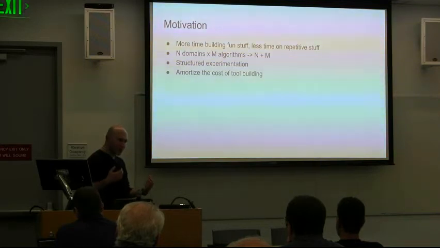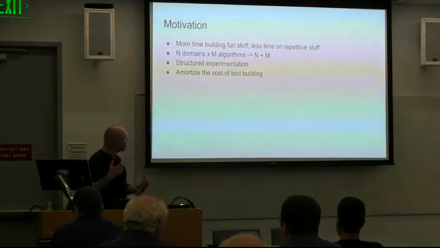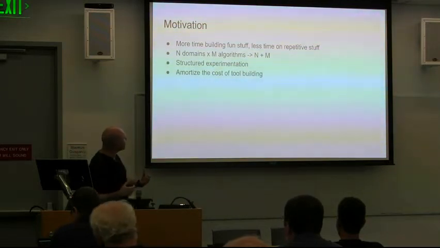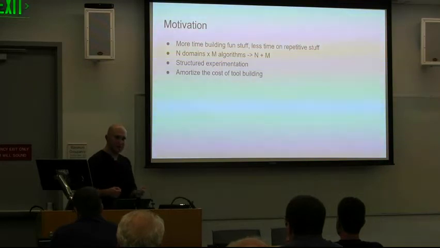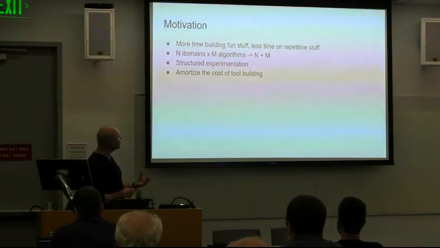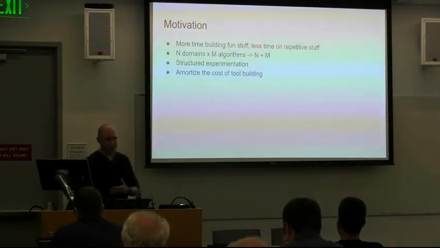But if I have n domains, n problems, and m algorithms, I would like to be able to try different combinations, not hard code every single one. So another motivation in the framework is I want to reduce the matrix of n times m to n plus m. It's kind of like a compiler. You have the back end and the front end, like the source language and the target language.